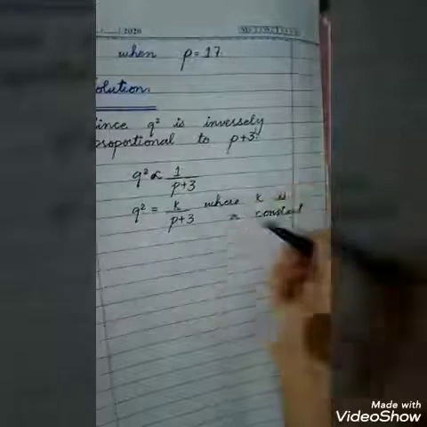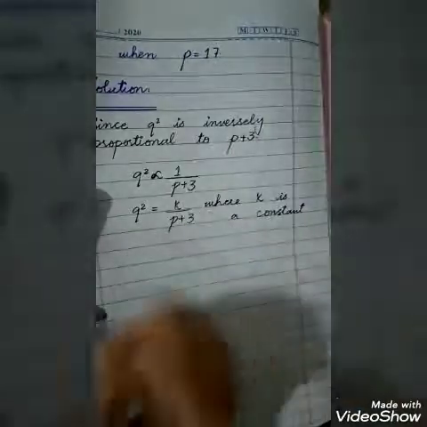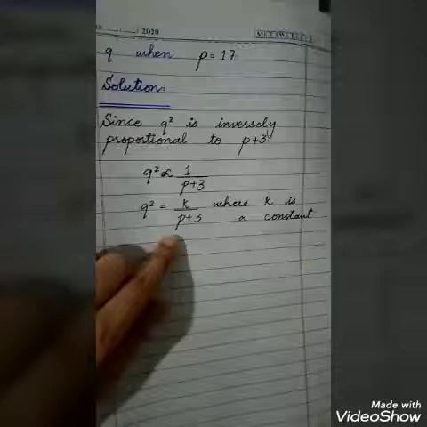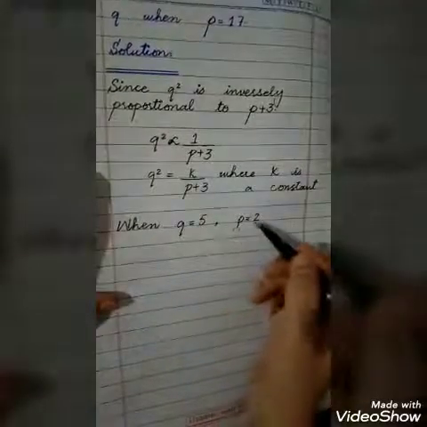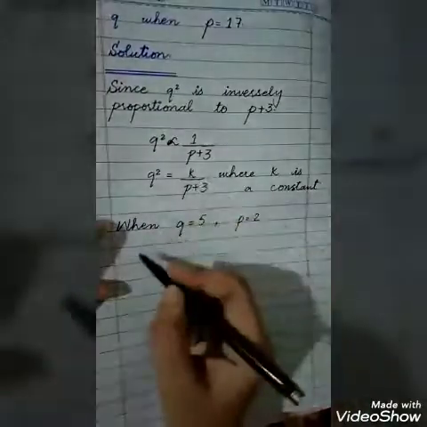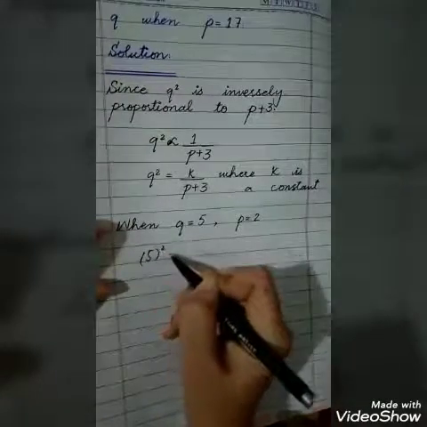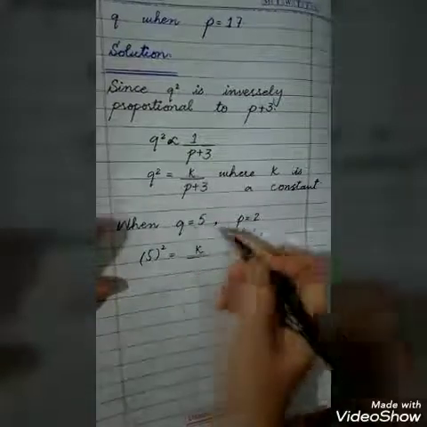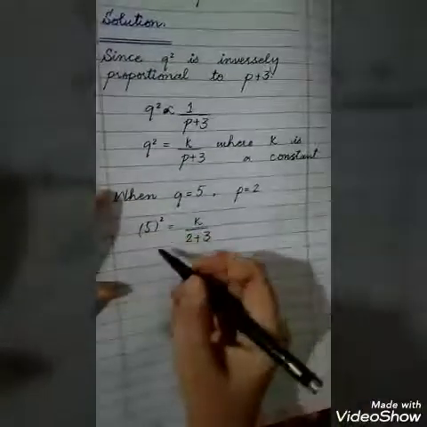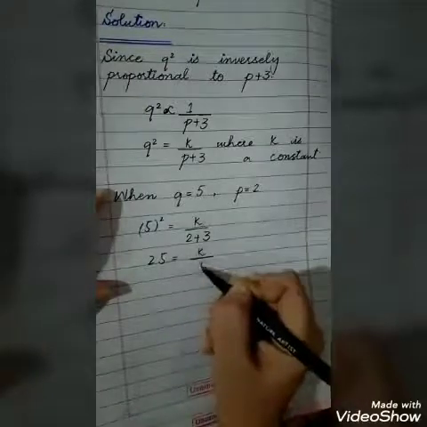Got that? Now we have to find the value of k by placing the values of q and p. When q is equal to 5 and p is equal to 2, we place these values in the equation. So 5 square is equal to k by 2 plus 3. 5 times 5 is 25, equal to k by 5.